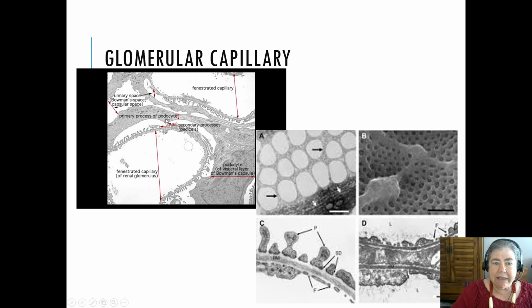They are surrounded by these cells called podocytes that have many, many feet that are lining the outside of the capillary wall. And they serve an important function. They are involved in preventing charged substances like proteins from getting across this fenestrated capillary wall.